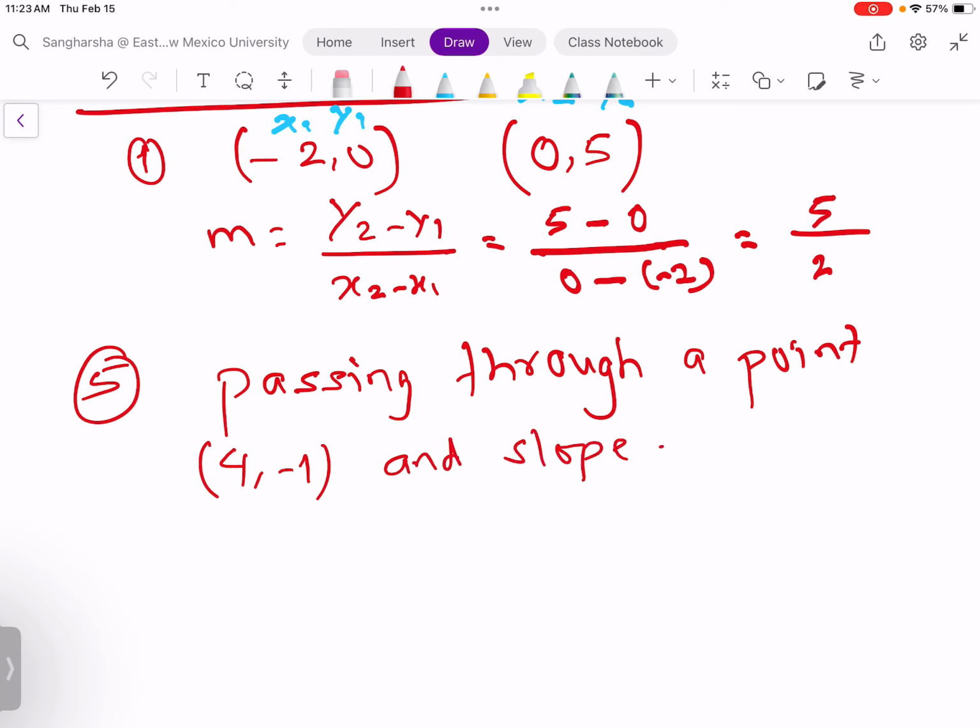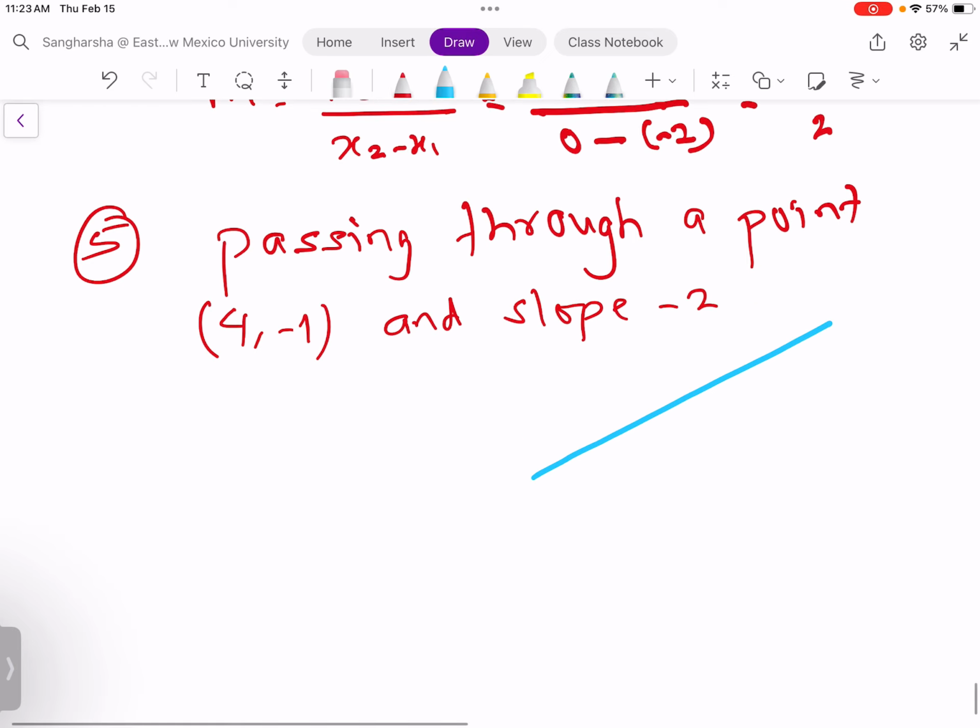So you are asked to find the equation of this line. This line is passing through the point (4, -1), somewhere here, and the slope of this line, m, is given as -2. So we know a point on the line and the slope.